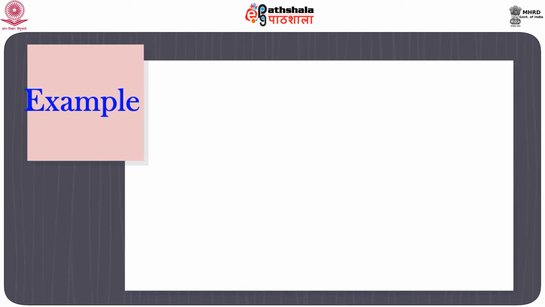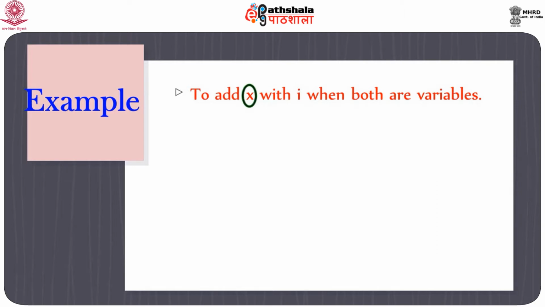Suppose our objective is to add values x to the value i, which keeps on changing. So, we need to find x plus y. This is really a very elementary problem, as we all know, and which can be solved using a number of ways. So, let us take them up one by one.